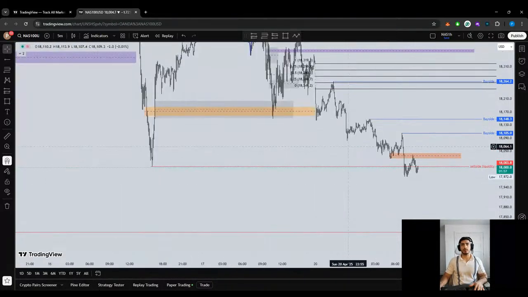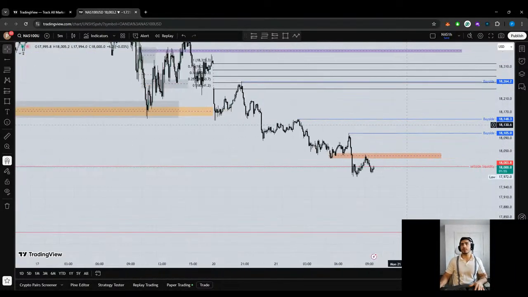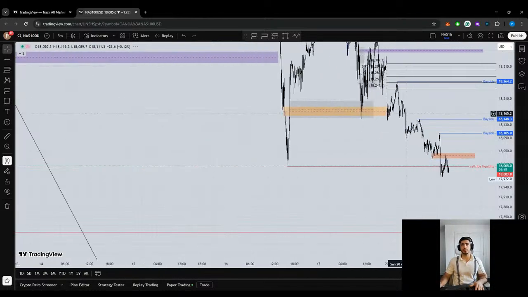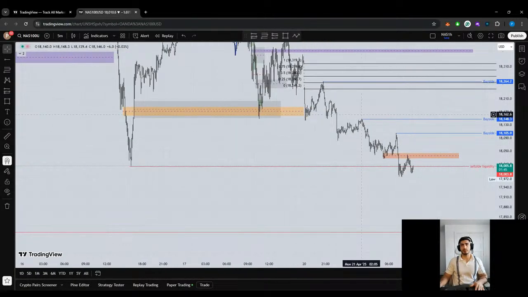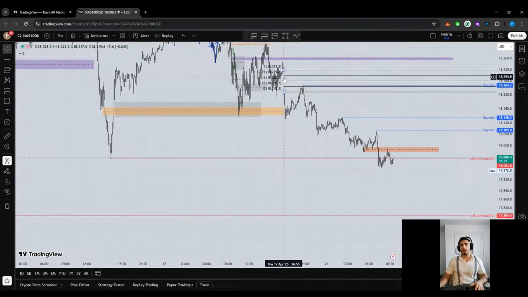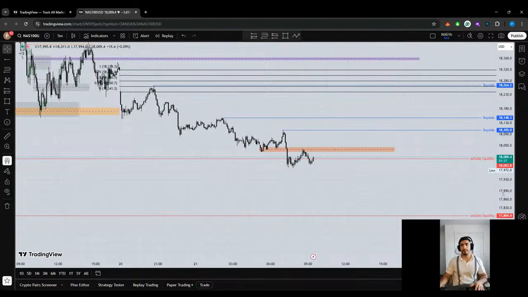But I think that the AM open is going to be possibly a bit sideways because it was trending all of the previous sessions. So Asia, London, down step by step trending with a gap down at the open.